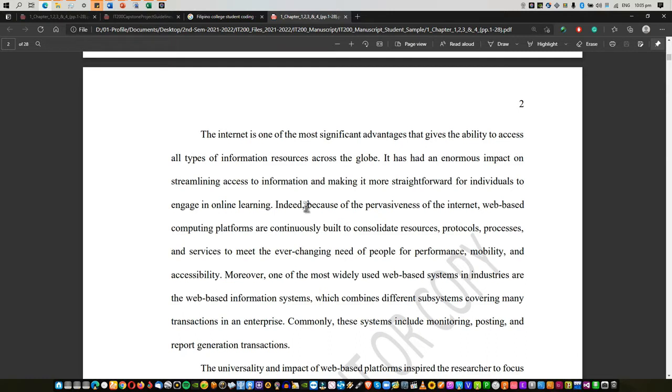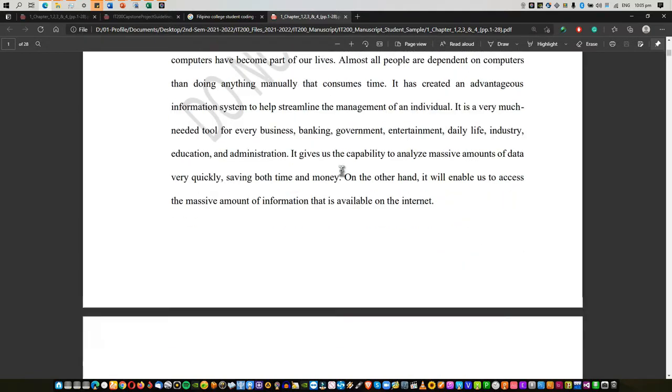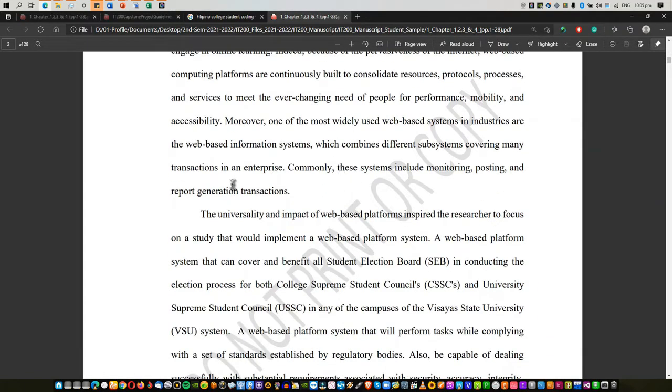Then, since you are information technology students, we put more emphasis on that field. So for example, you begin with internet, then computers, then your main focus, which is web-based systems.